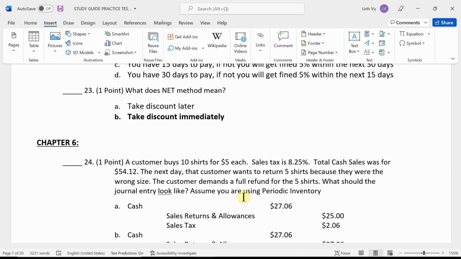The customer demands a full refund for the 5 shirts. What should the journal entry look like? Assume that they are using periodic inventory.